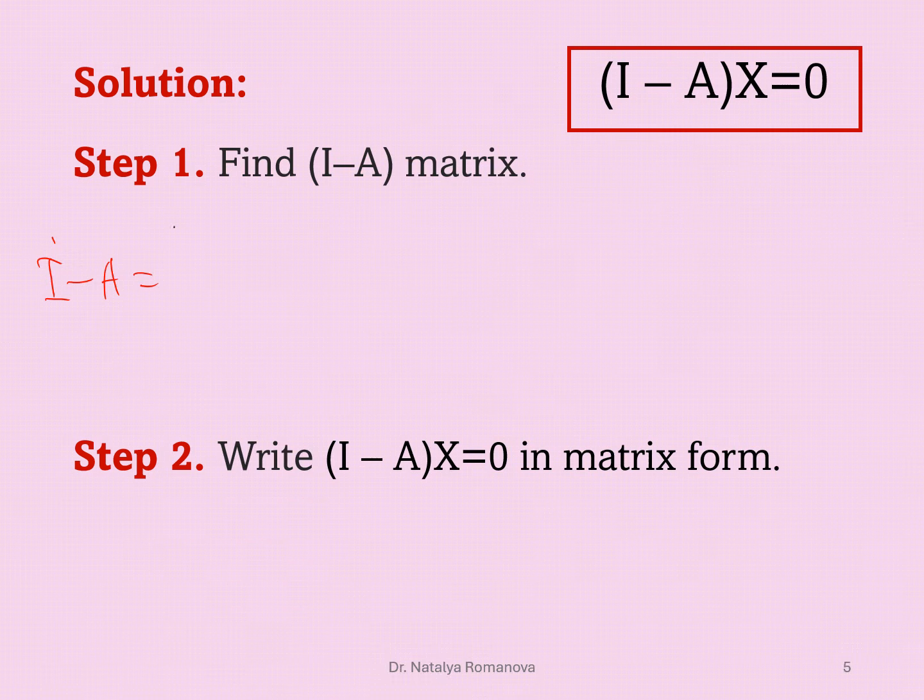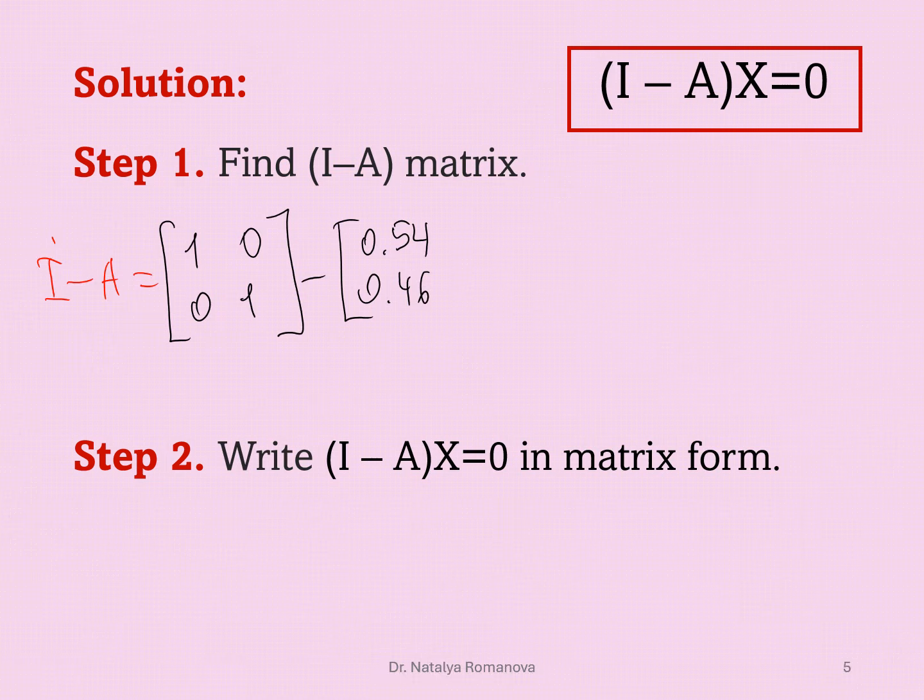So it equals 1, 1, 0, 0, minus our given matrix: 0.54, 0.46, 0.06, and 0.94.